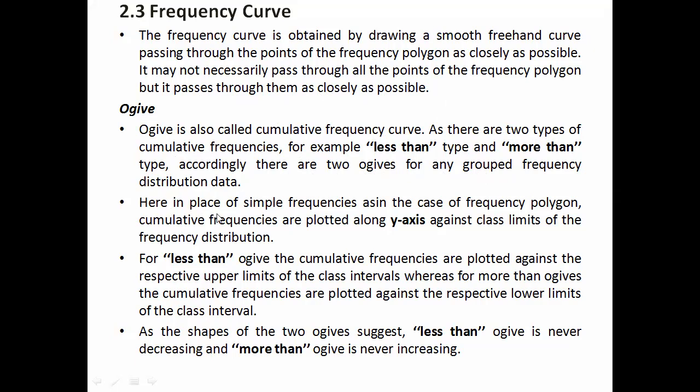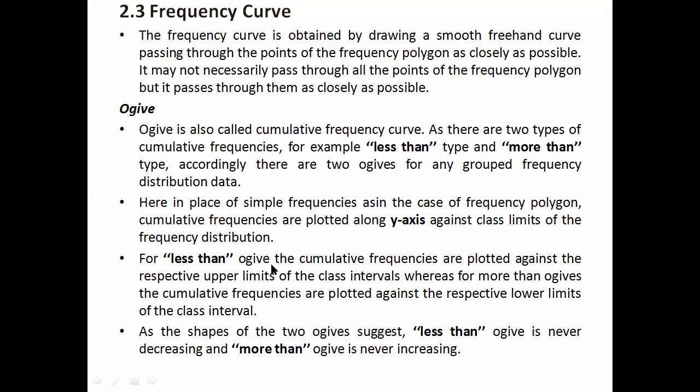Right. Here, in place of simple frequency as in the case of the frequency polygon, cumulative frequencies are plotted along the y-axis against the class limits of the frequency distribution.